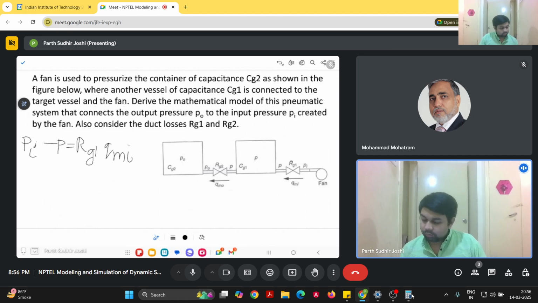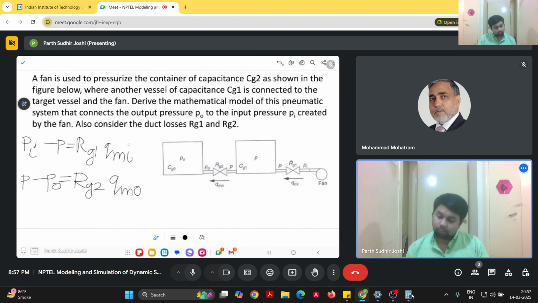Similarly, we can write the expression for the other pneumatic resistance, Rg2 into QMO. And now we can write down the expressions for the capacitance of the containers.